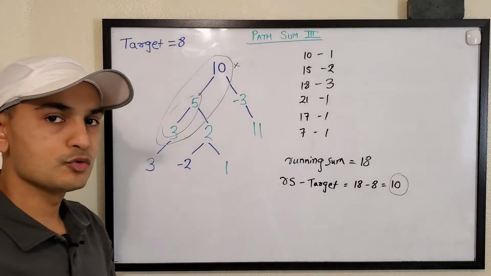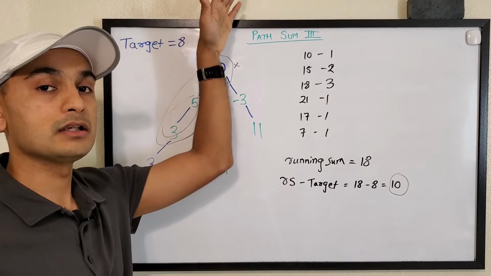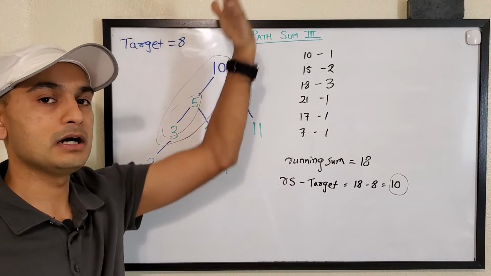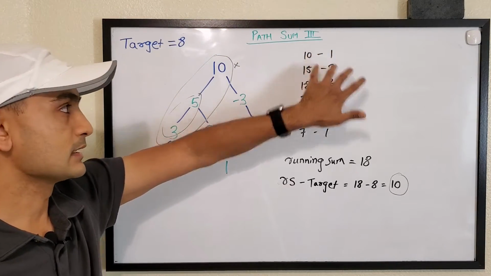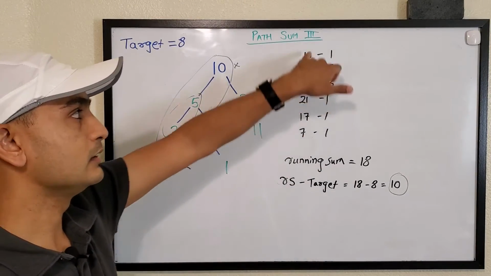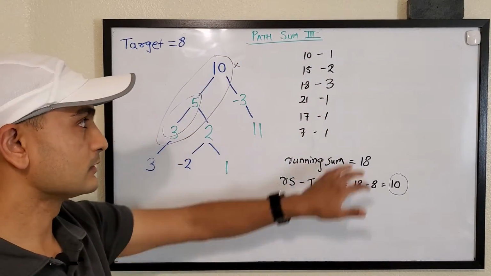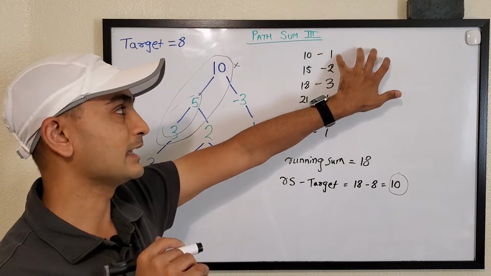And how do we find out whether there was any previous path which had 10? We go to this dictionary. We say, dictionary, do you have running sum minus target anywhere in your keys? So this dictionary says yes, there was a path or a node whose sum was 10.